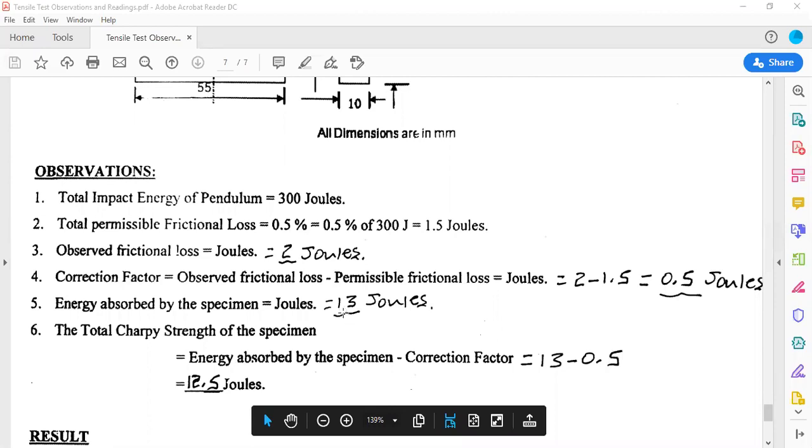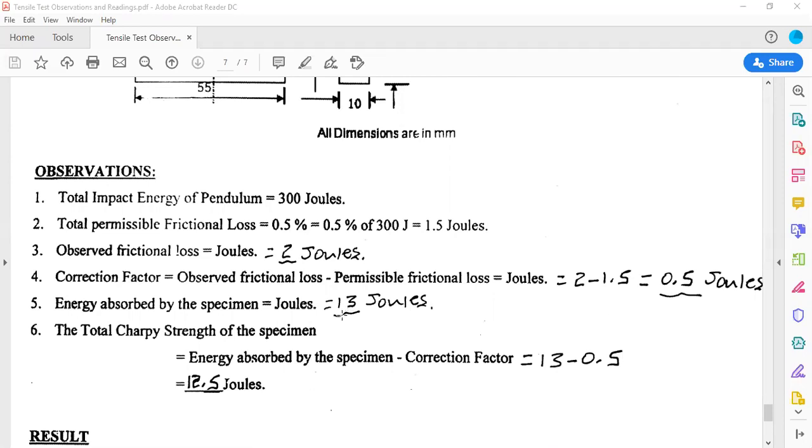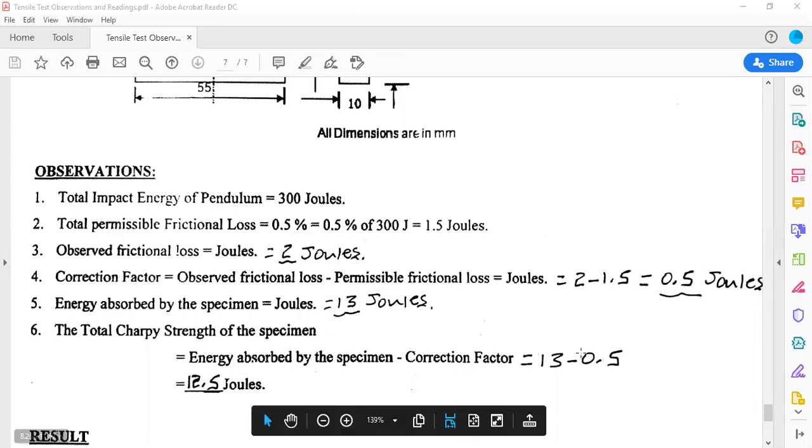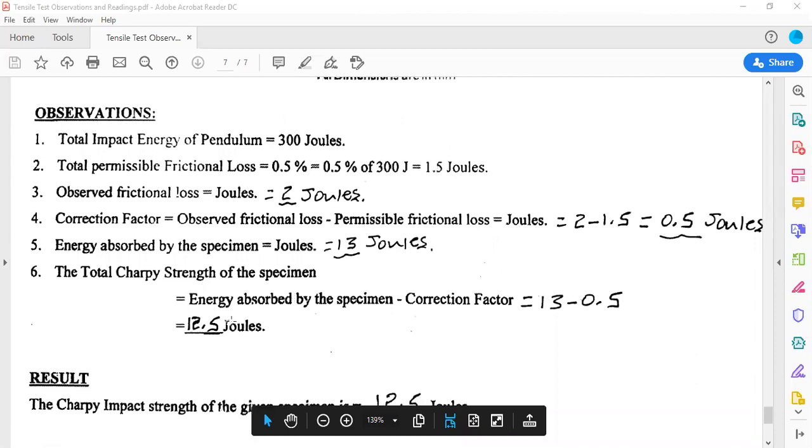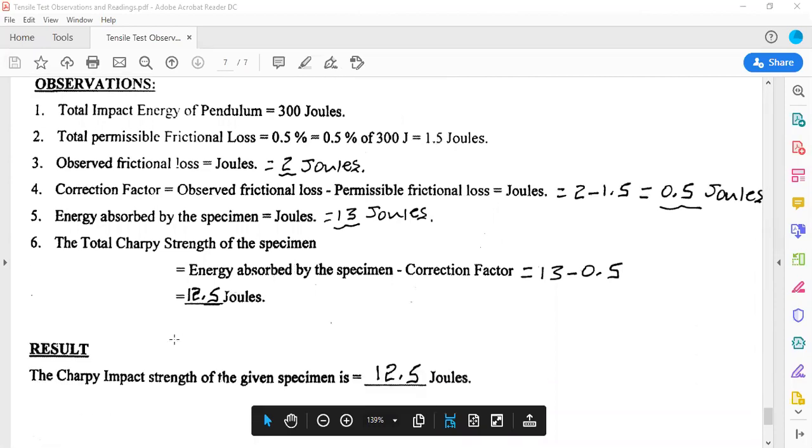The needle, or the dial, was in between 12 and 14. That's why I have taken it as 13. 13 minus 0.5, it will be 12.5 joules. This is how the total energy absorbed by the specimen is calculated.